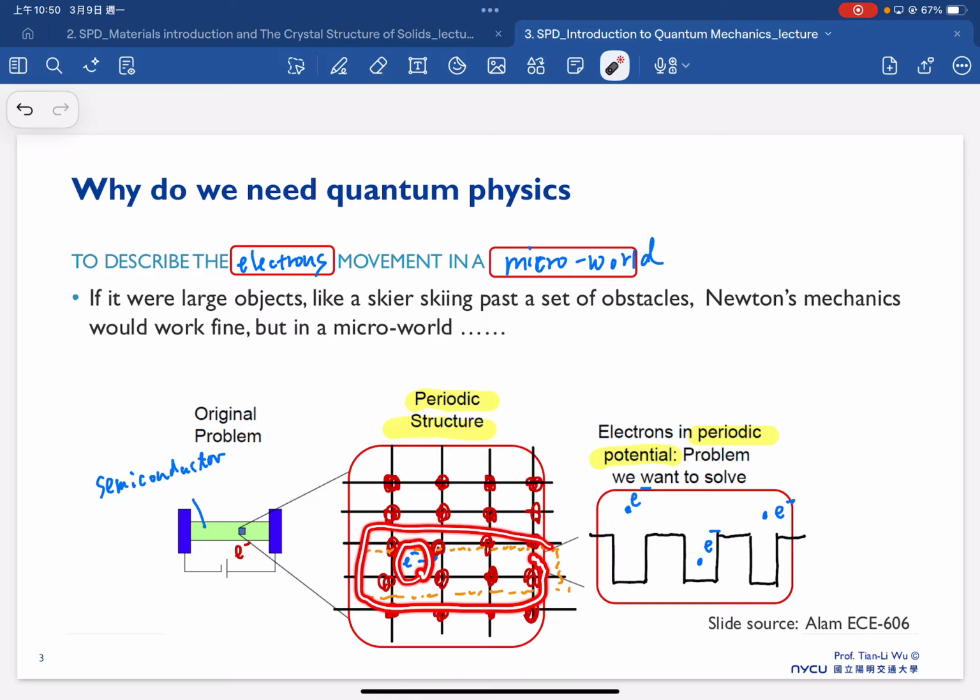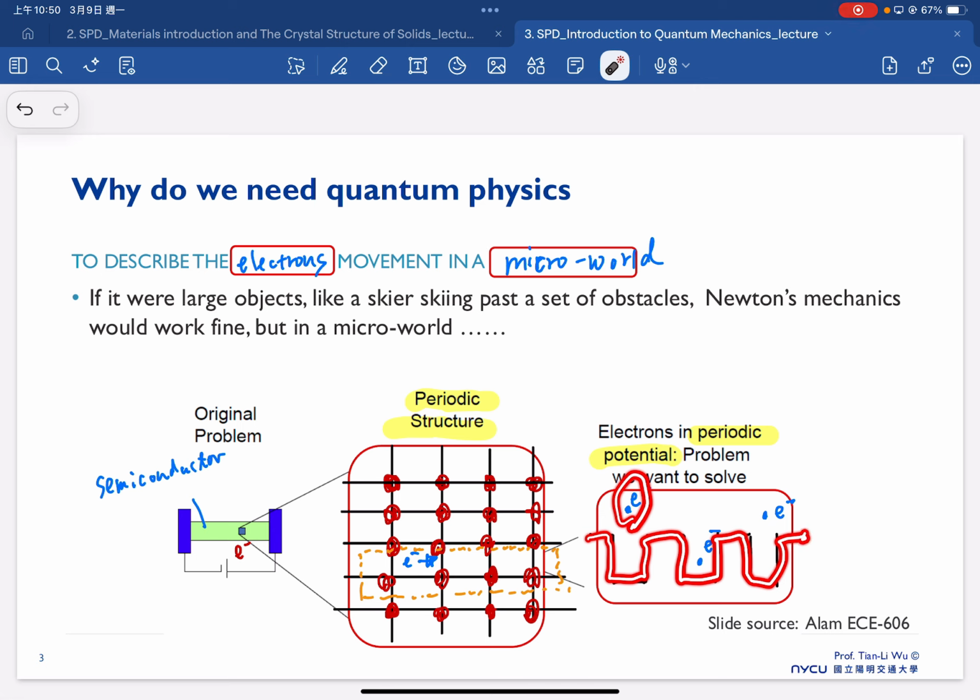Because this is a periodic structure, the atoms will also exhibit a periodic potential, like here. And therefore the question becomes the electron moving in the region that has this periodic potential.